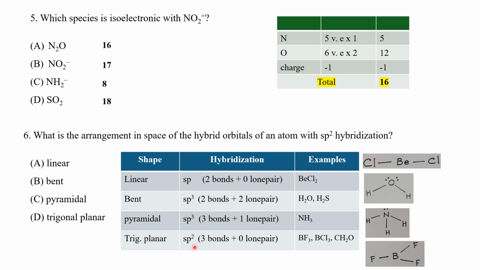So the number of orbitals mixed is equal to the number of hybridized orbitals formed. So each sp2 hybridized orbital on boron overlaps with fluorine's 2p orbitals to form BF bonds, 3 equal length BF bonds. So I hope now you will understand hybridization and molecular geometry.